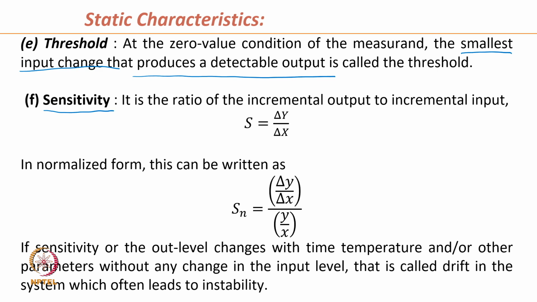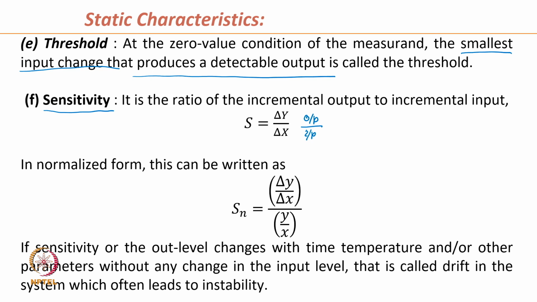Another parameter is sensitivity, which is very important for sensors. The sensitivity is the ratio of incremental output to incremental input. So, we can write S equal to delta Y, which is the output, divided by delta X, which is the input. So, this is output divided by input.